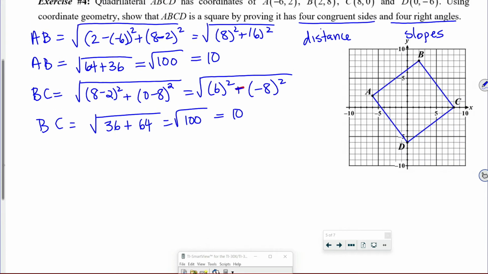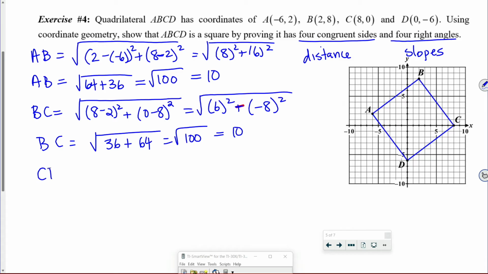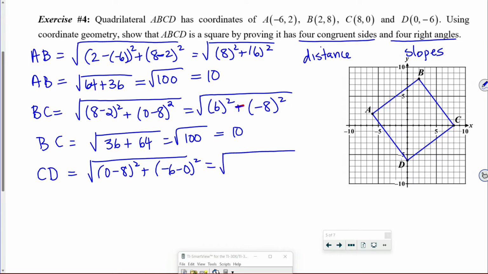So far, so good. I'm just going to lose my points here in a little bit. CD has a length of the square root of (0 minus 8) squared plus (negative 6 minus 0) squared. That's going to be negative 8 squared, which is 64, negative 6 squared, which is 36. Again, gives us the square root of 100, which is 10.